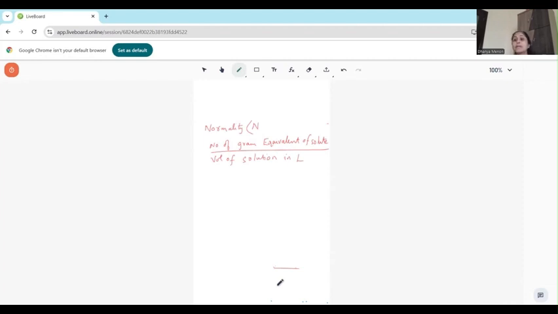Now, what is this gram equivalence? This is a very important topic because unless you understand what is gram equivalence, you won't be able to solve the questions. So let's check out.